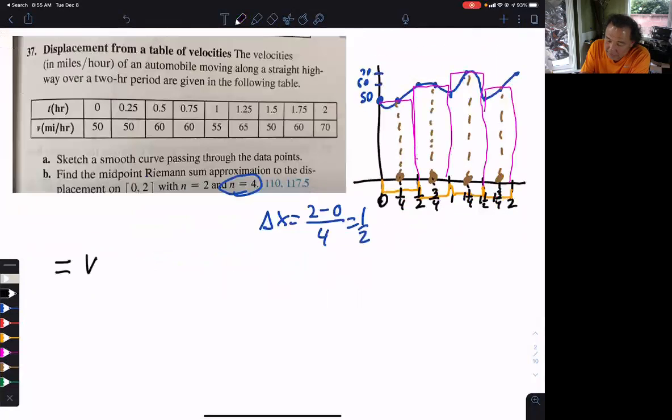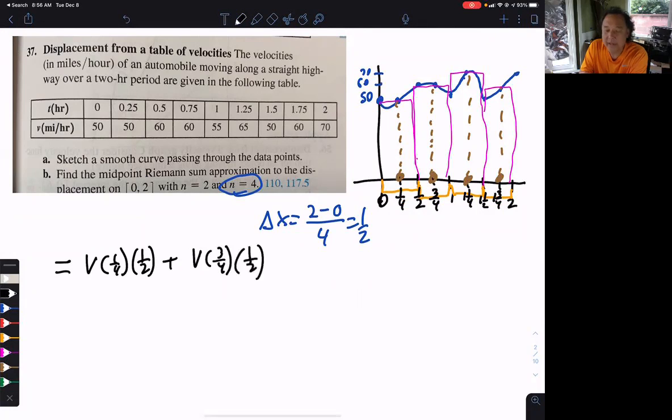So the velocity, the first height, is going to be found at the middle, which is 1/4. And the widths of all these are 1/2 again. The next height is going to be here at 3/4, and the width is 1/2. And the next one is going to be found at 1 1/4, which is 5/4, and the width is 1/2. And the next one will be found here, which is 1 3/4, which is 7/4.